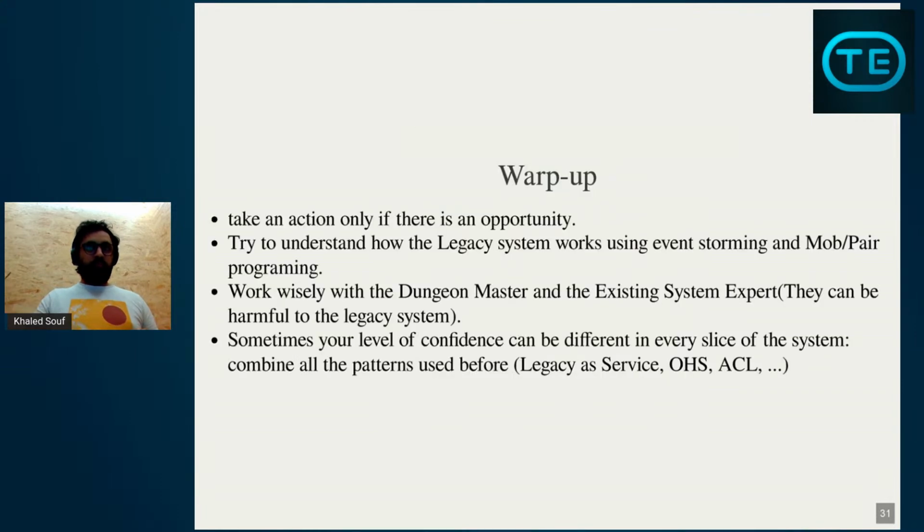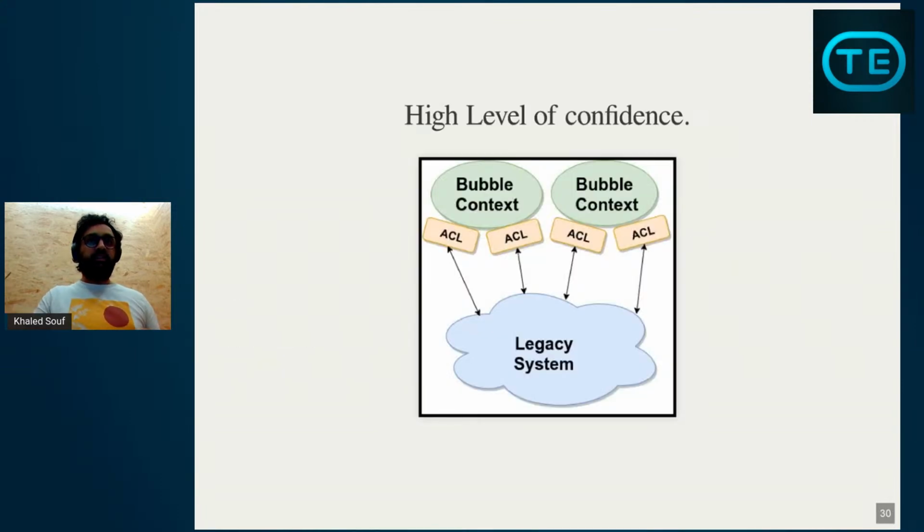Well, what I'm trying to say is that these three approaches that you already saw, you can combine them. They are not exclusive. Depending on the part of the system that you master or not, you can combine them. And that's completely fine.